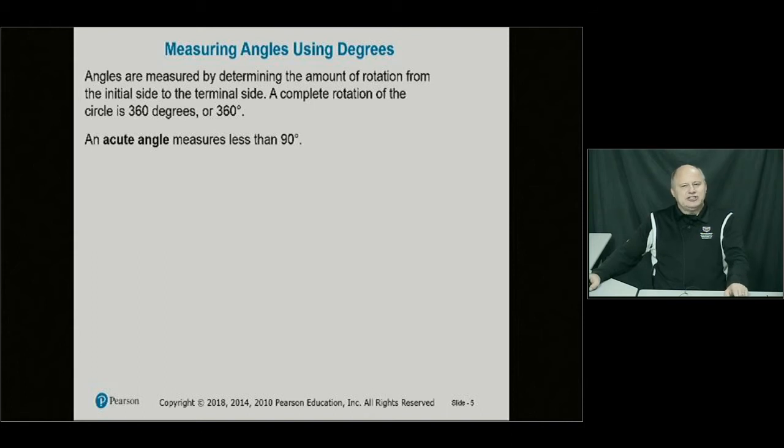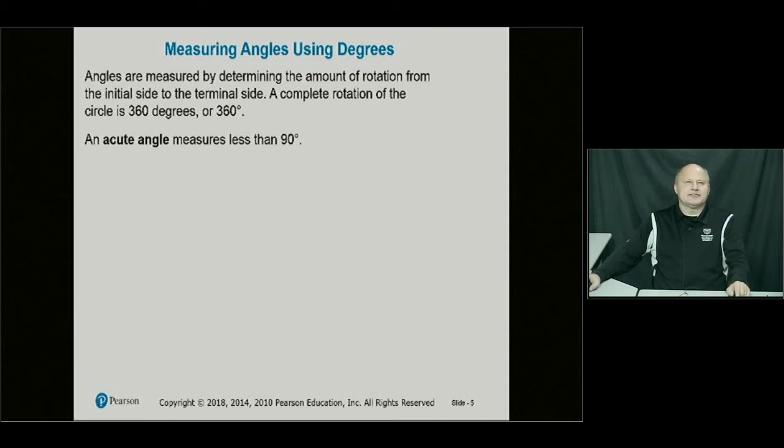Now, in geometry, that definition was okay because you didn't have negative angles. I think a more precise definition for trigonometry would be that an acute angle is an angle that measures between 0 and 90 degrees. Because if it says less than 90 degrees, well, negative 45 degrees is less than 90, right? So I think it should say between 0 and 90 degrees.